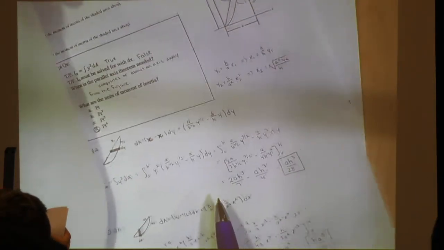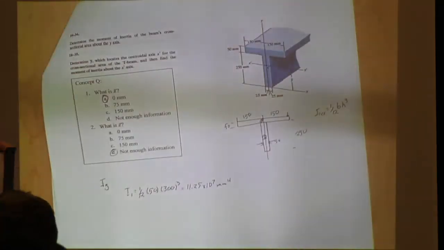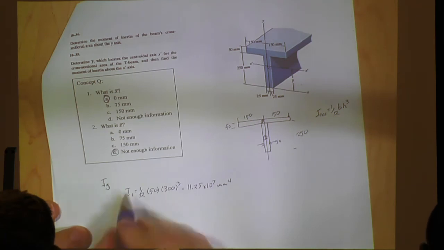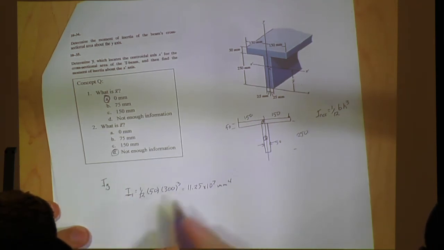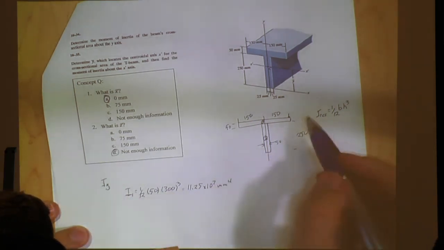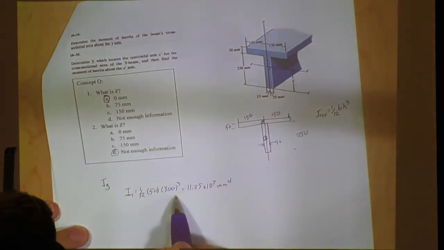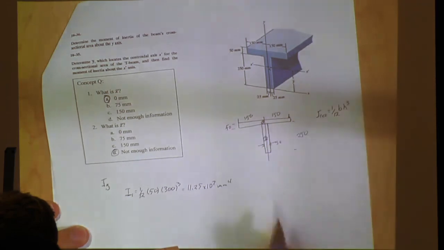You would have to do the rectangles, scan in the whole line and stuff like that. But for this, all you're doing is you're taking your moment of inertia for the rectangle in the y direction, which is this is it, because our base is going to be 50, right? And our height's going to be 300 for the overall.